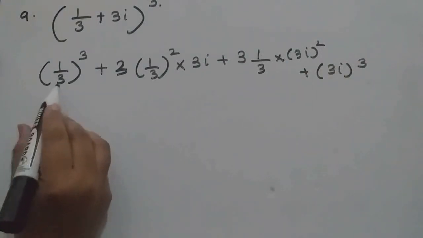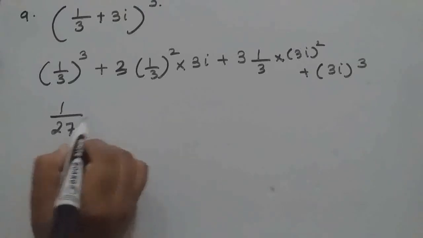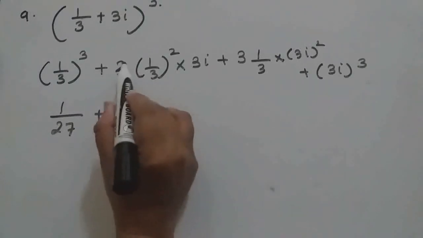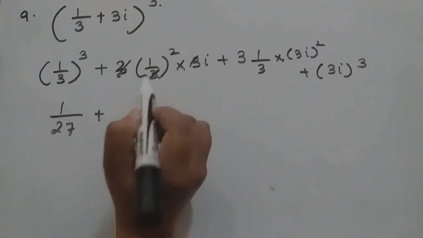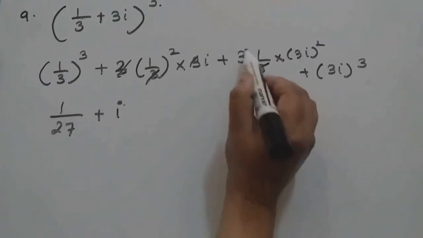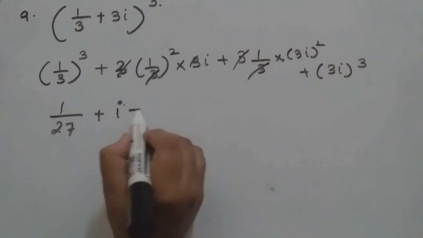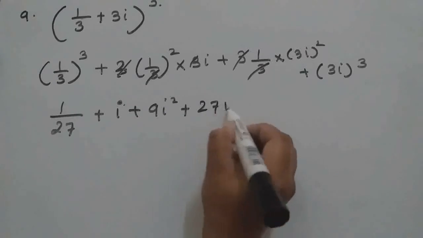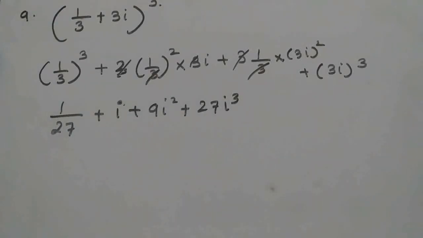Okay. So this is 1 by 27. Here see, both these 3 will go with this 3 square. So answer will be i here. Here this 3 will go, 9i square. Here 27i cube. Okay.